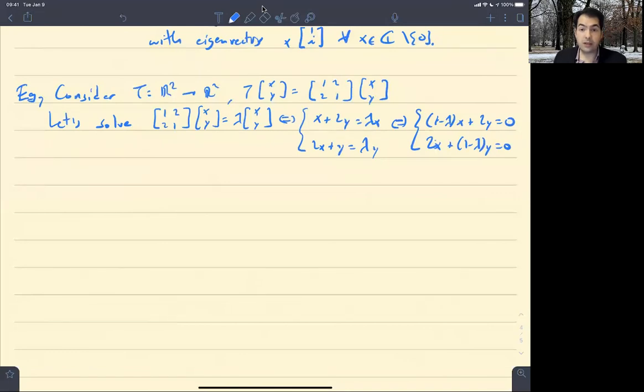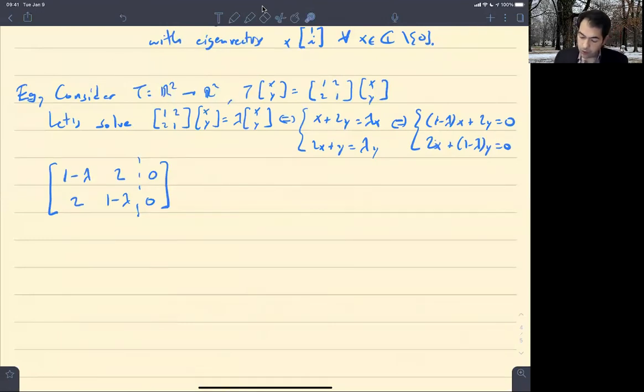We know that the way to do it is to form the augmented matrix and then put it into reduced row echelon form. Okay, so in this case, our augmented matrix looks like 1 minus lambda, 2, 2, 1 minus lambda, and then we augment with zeros. Now we want to put this into reduced row echelon form.